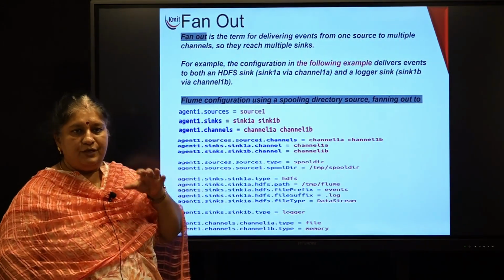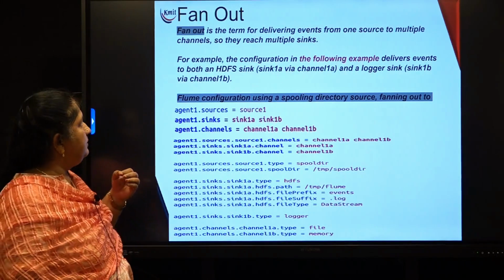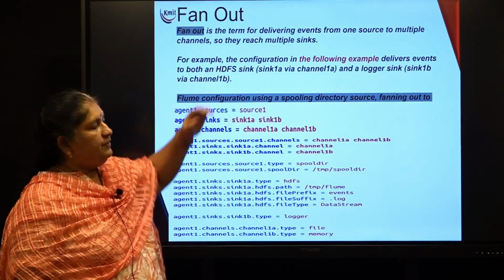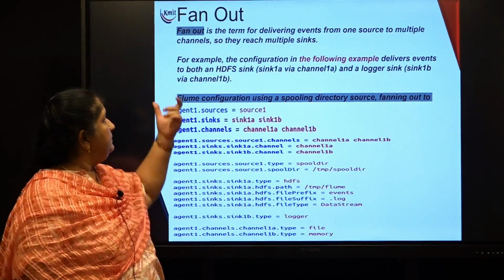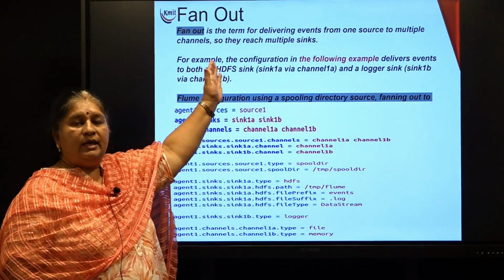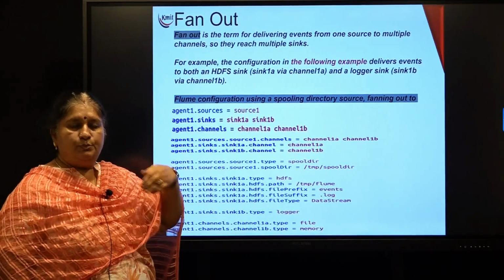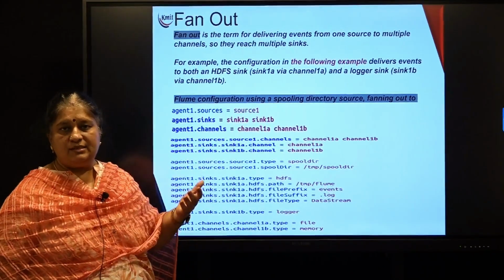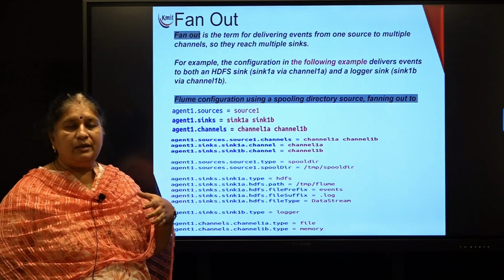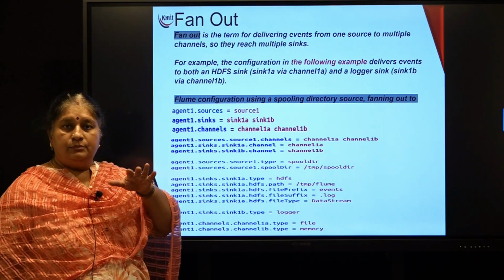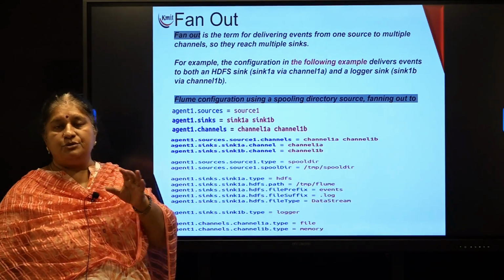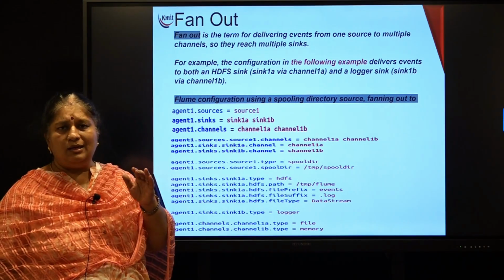This is a feature of Flume which talks about delivering events from one source to multiple channels so that they reach multiple sinks at the same instance of time. The previous architectures we discussed had a single channel transferring information to one sink at a time.